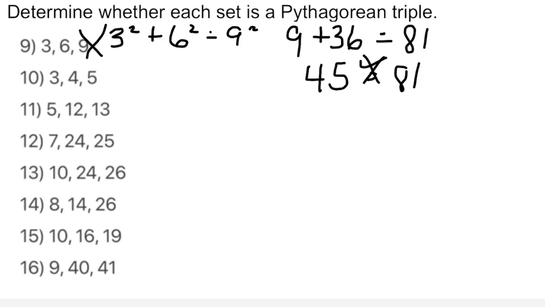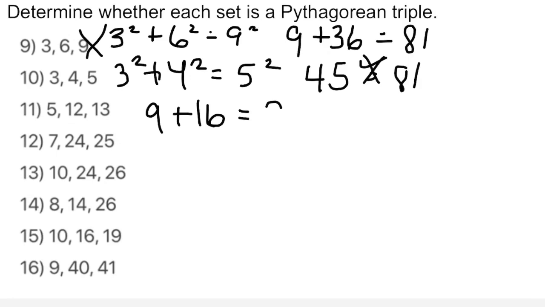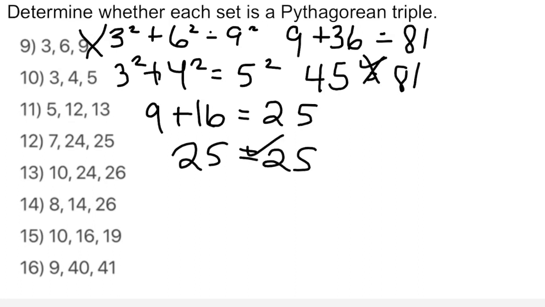Pause the video and try number 10 on your desk. Number 10 is 3 squared plus 4 squared equals 5 squared. 3 squared is 9, 4 squared is 16, 5 squared is 25. 9 plus 16 is 25 equals 25, which it does, so this is a Pythagorean triple. Pause the video and try number 11 on your desk.